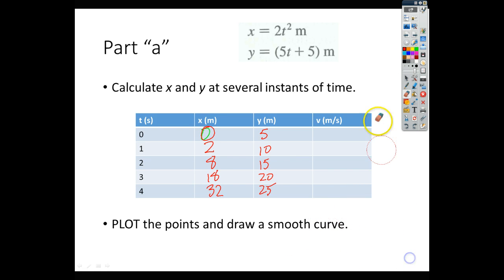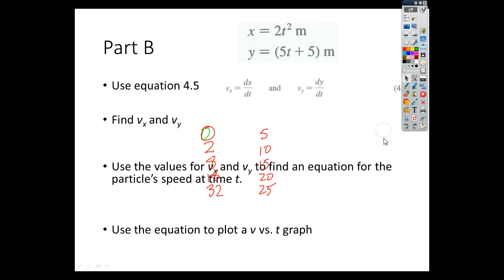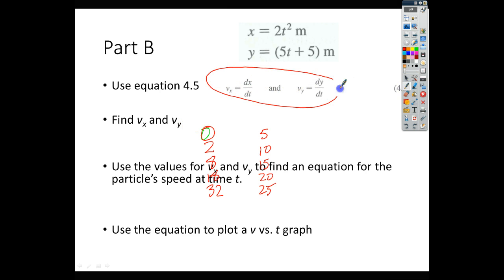And on the next slide, it talks about going through and trying to figure out the value for velocity. So we want to find Vx and we want to find Vy. We're going to use our equations that we have here. And we notice that we're doing the derivative for each one of the equations that you see.